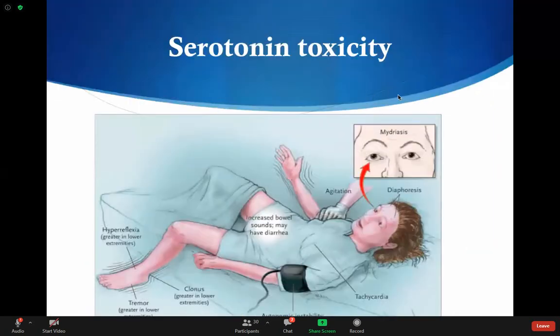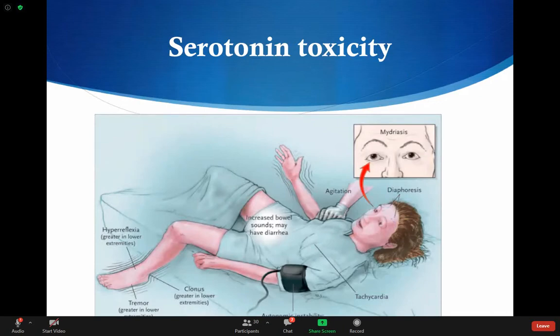So now let's talk about serotonin toxicity. So serotonin is a neurotransmitter that makes you happy, right? So we use it in antidepressants. Some antipsychotics affect serotonin. Usually the patient is fine if they are only taking one drug that increases serotonin.